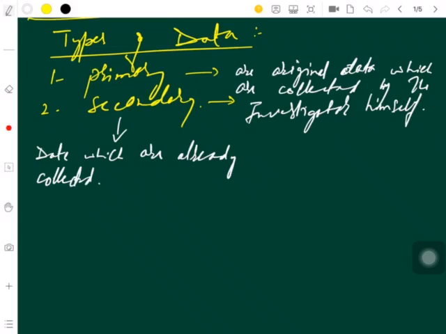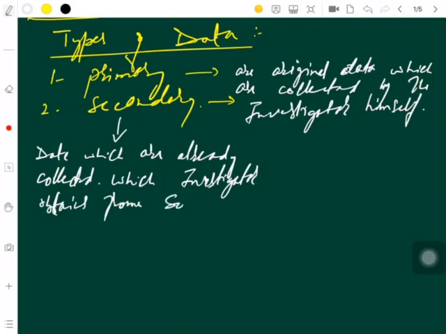Or you can say, which the investigator obtains from someone else. Fine. So it is obtained from someone else.